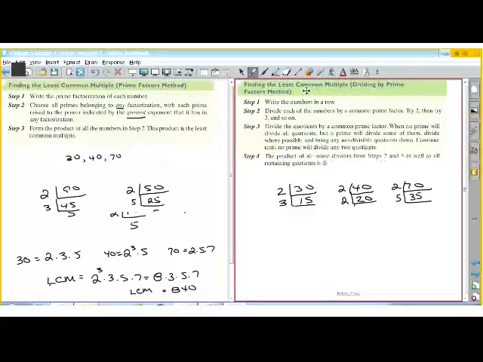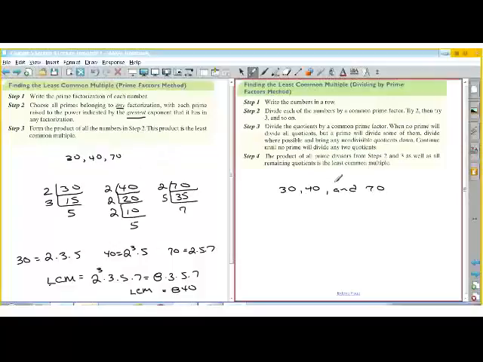The other method is the dividing by prime factors method, which is like we did with greatest common factor. We're going to do all 3 at one time, but what you're going to do here is not just multiply.